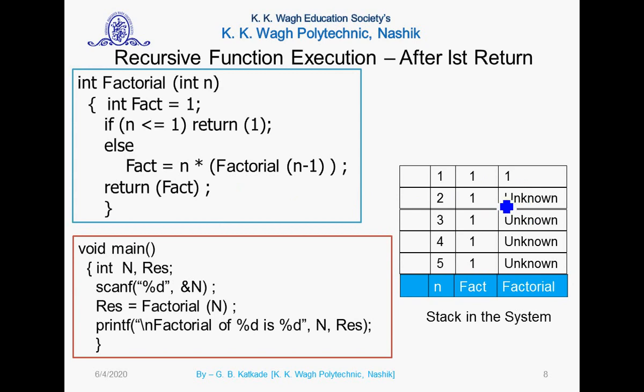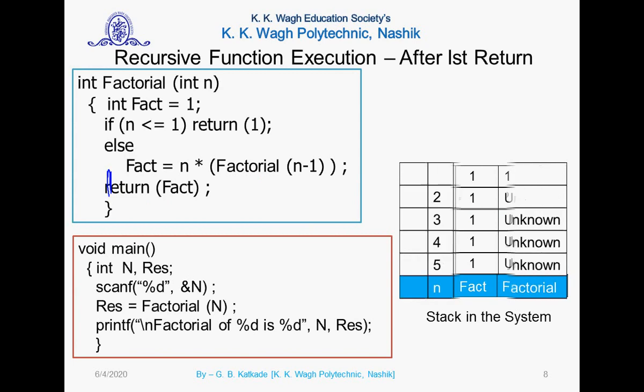For further execution of these statements, the first frame is removed. Now the return value was 1 for the frame below, where n was 2 and factorial of n minus 1 was 1.